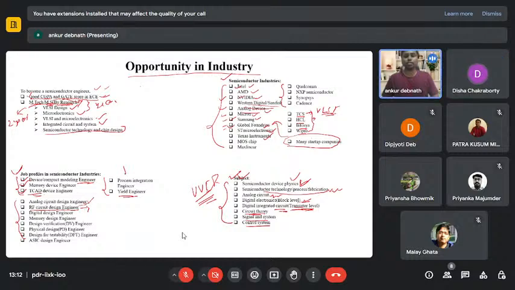You have to talk with your faculty in your institute, because it depends on whether the faculty is in that area or not. Also, if you have the Tanner tool, that is also good.